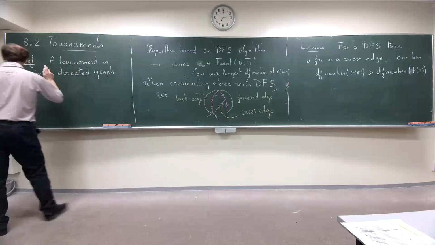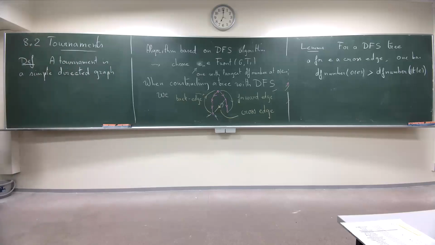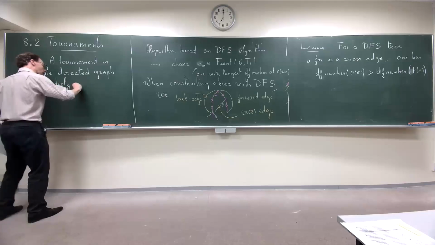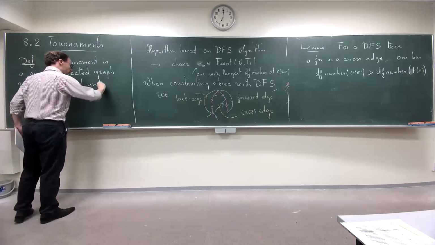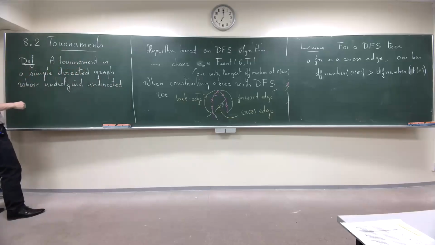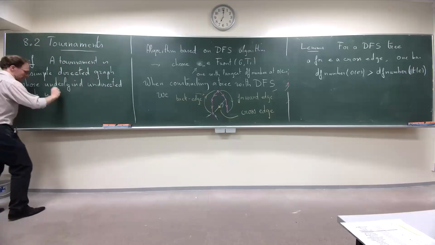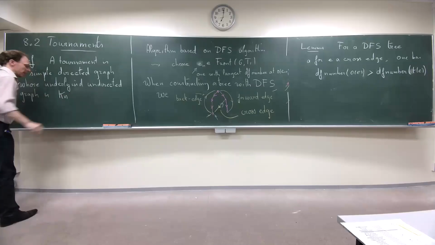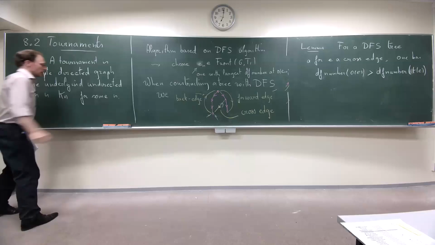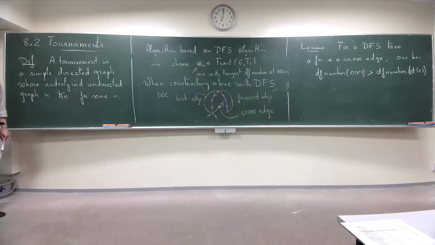Simple, remember, means no loop, no multiple edge. So it's a simple directed graph whose underlying undirected graph, so if you forget the orientation, is Kn. It's complete. It's Kn for some n. Remember, Kn is a complete graph.